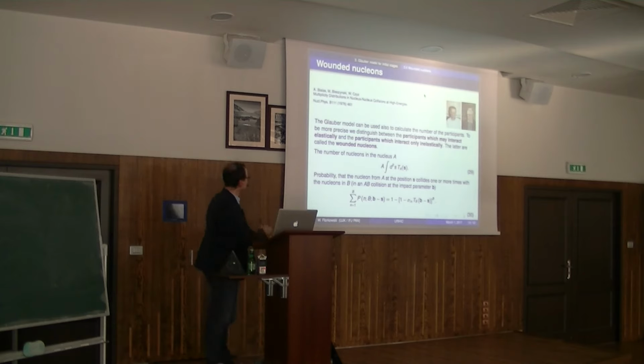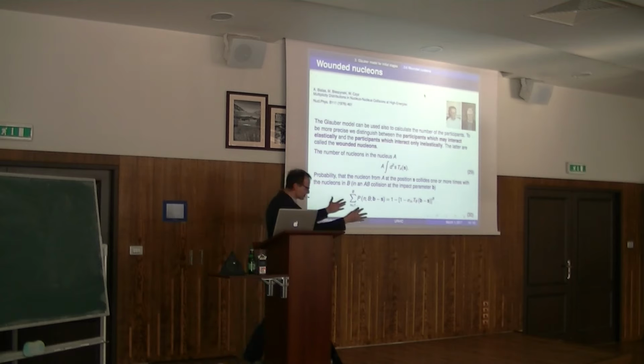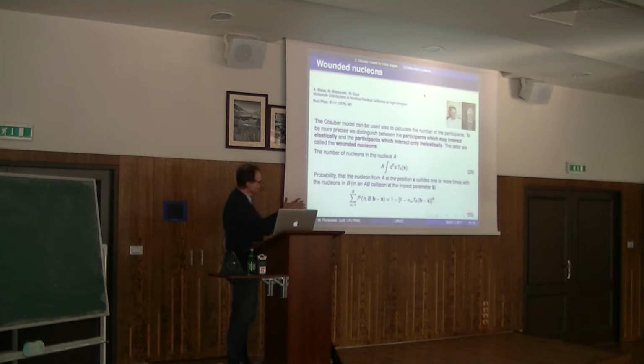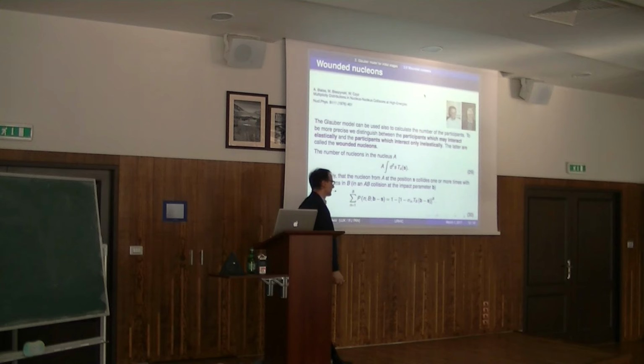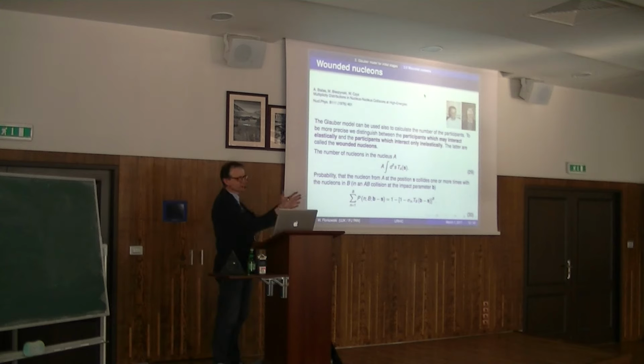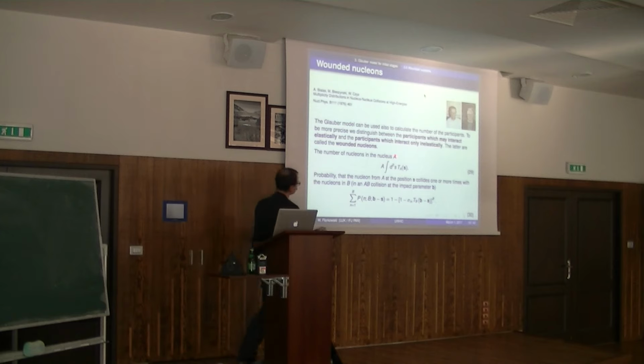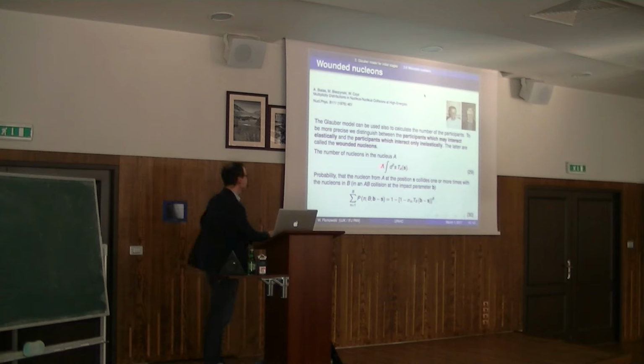To calculate the number of such wounded nucleons, you may start with the definition of the number of nucleons in the nucleus A, again using the thickness function. The thickness function is just a distribution squeezed in two transverse dimensions. In other words, it's a projected distribution. If you integrate over the transverse space, you get the total number of nucleons.